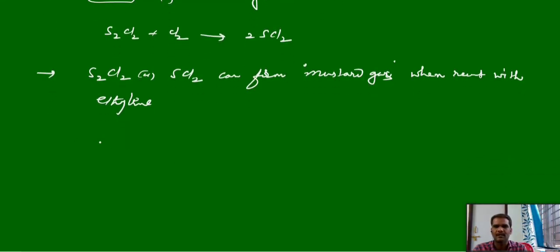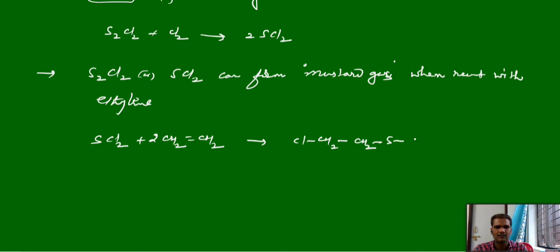You can see the chemical reaction here. Sulfur dichloride, you treat with ethylene. This is ethylene, you take 2 moles. It can give the mustard gas. This is the structure of mustard gas.